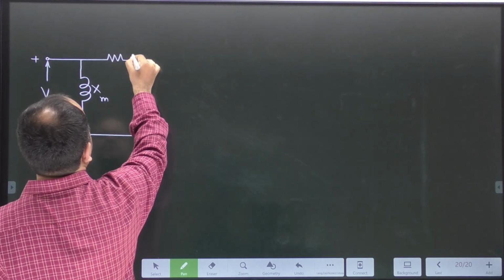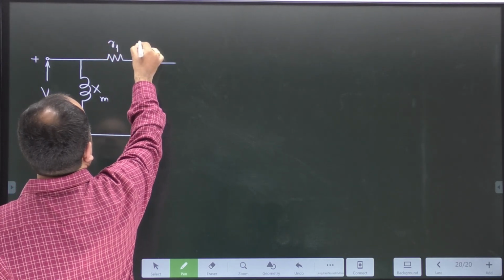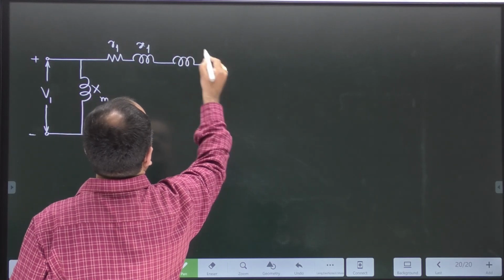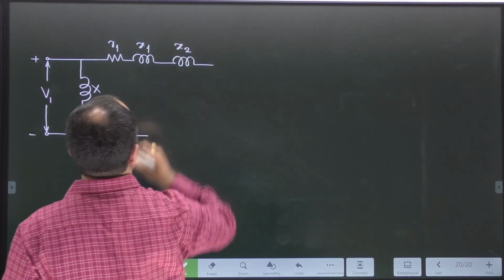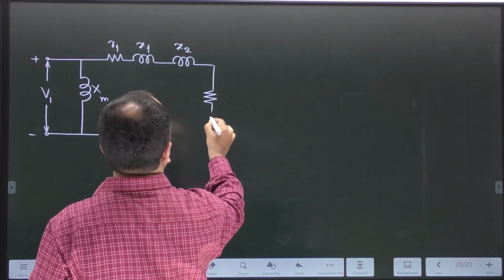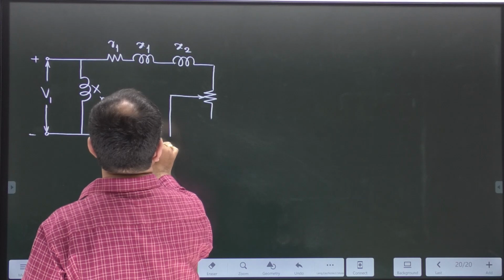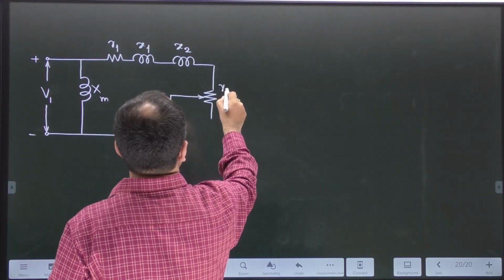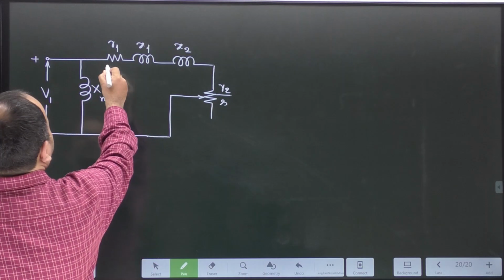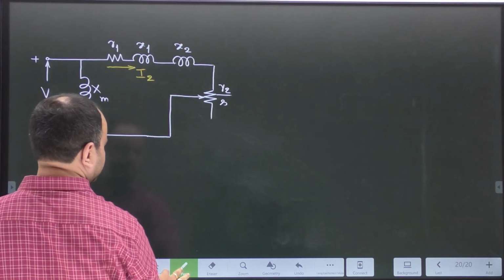This is R1, X1, R1, X1 and rotor side reactance X2 and equivalent resistance of the mechanical system in the rotor side, that is R2 divided by S. Now the rotor current, you can take it I2.